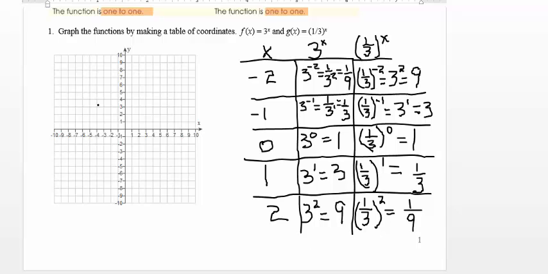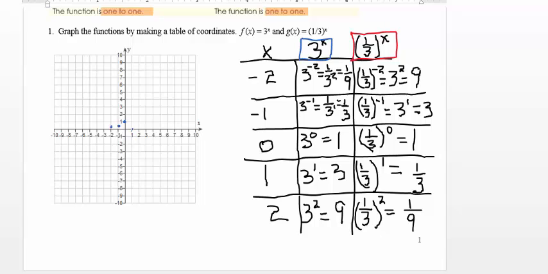So I am going to make the graph of f of x equals 3 to the x blue, and I'm going to make the graph of g of x equals 1/3 to the x red. So I'm going to plot the 5 points for each graph. When x is -2, f is 1/9, so y is 1/9.